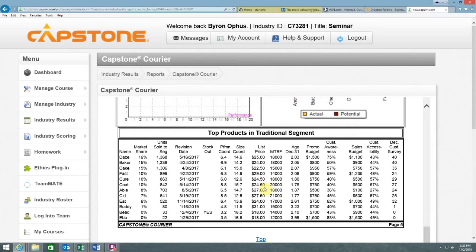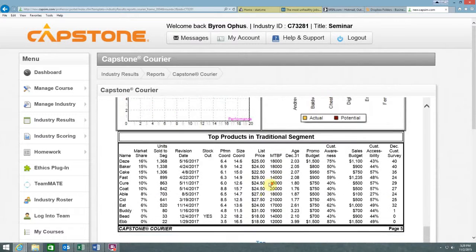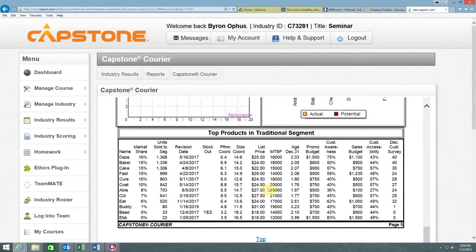MTBF, it's possible. No, it wouldn't have been MTBF because it was up within the upper third. Its age is sitting pretty good with respect to the other teams, but relatively low marketing. Look at that, $500,000 for promo, I think that would be, and a sales budget of just $100,000.